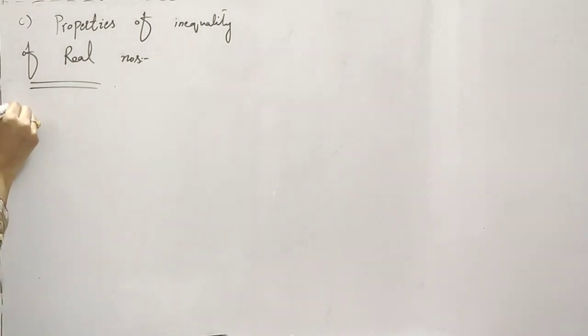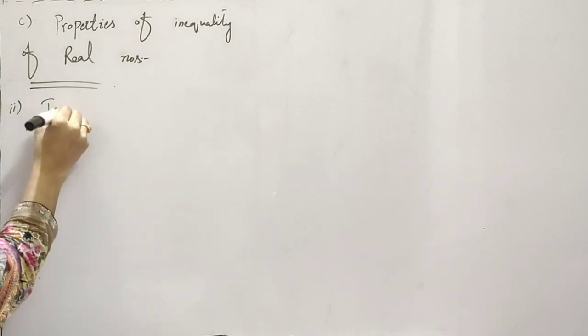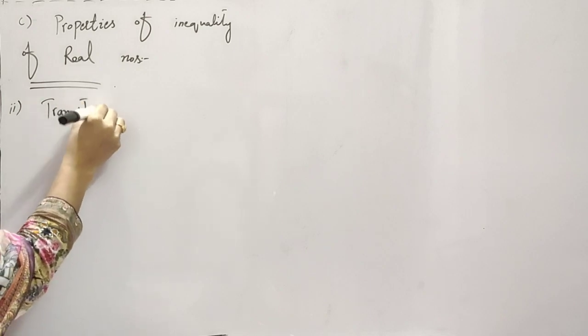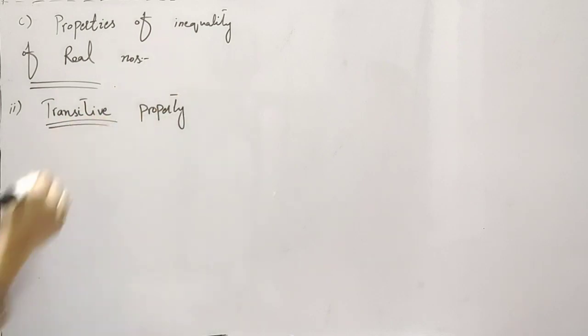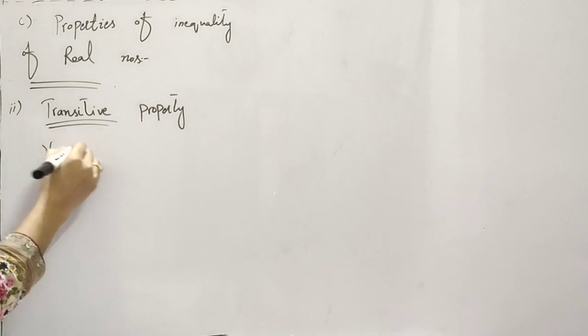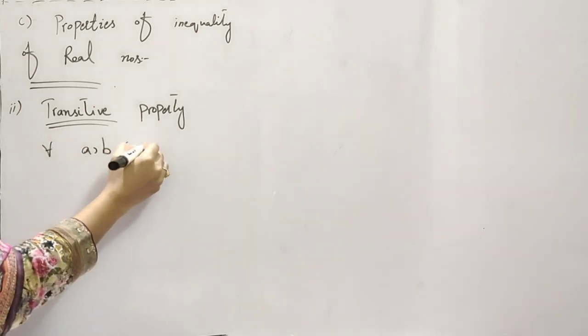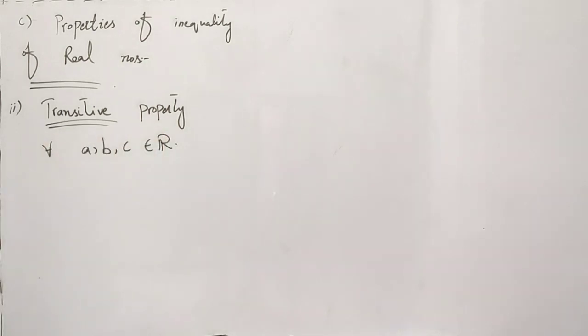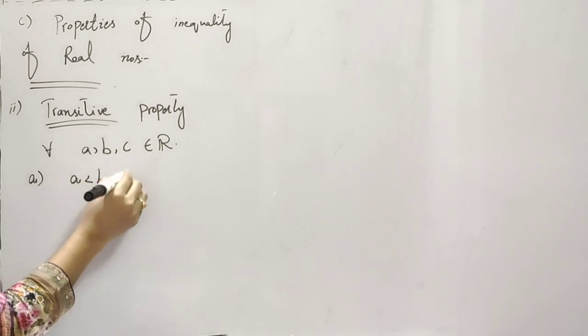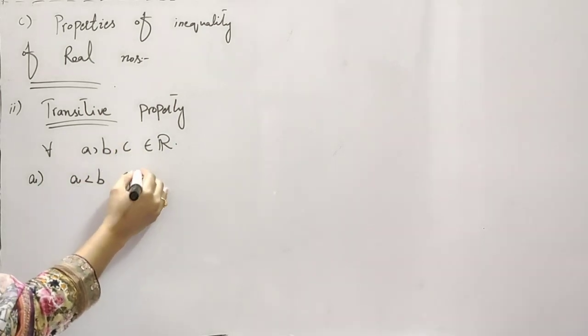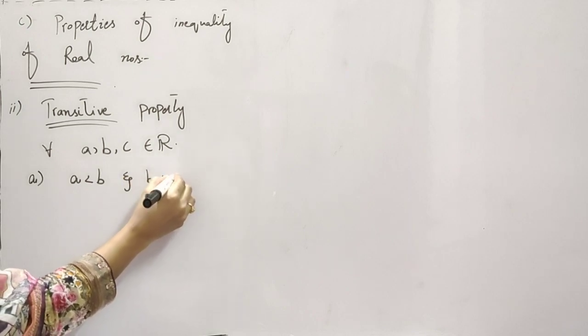And the second property is the transitive property. For all a, b and c belonging to real numbers, the first part is: a is less than b and b is less than c.